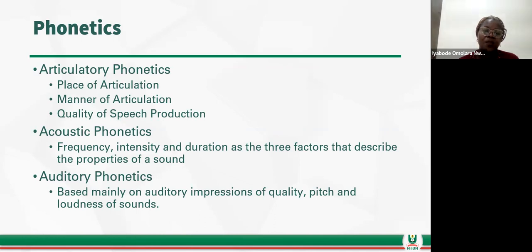Look at the place of articulation, the manner of articulation, and the quality of speech production, which we are used to, but maybe the one we are not really used to is acoustic phonetics, that is, how the sound moves through the air. Then auditory phonetics is how it is perceived by the receiver. The receiver cannot be the one having the intention. It can have the interpretation.